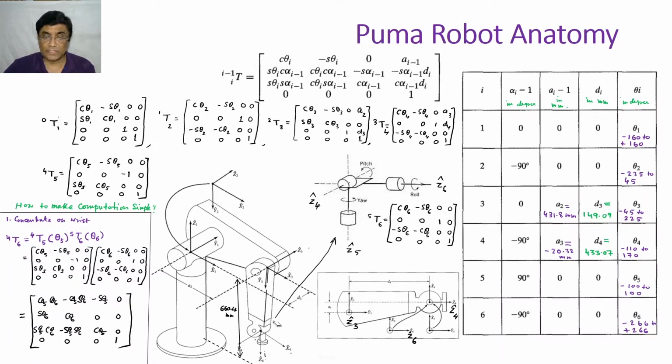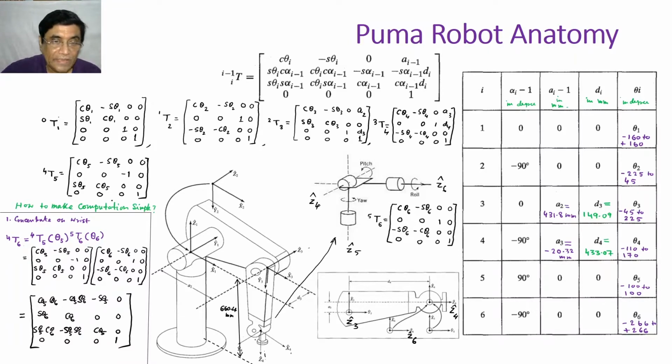Having understood this motion, it is very important to understand where to fix the coordinate frames. Moving around that PUMA robot, I know what motions are available, and they form a very crucial role in attaching the coordinate frame, as you know.